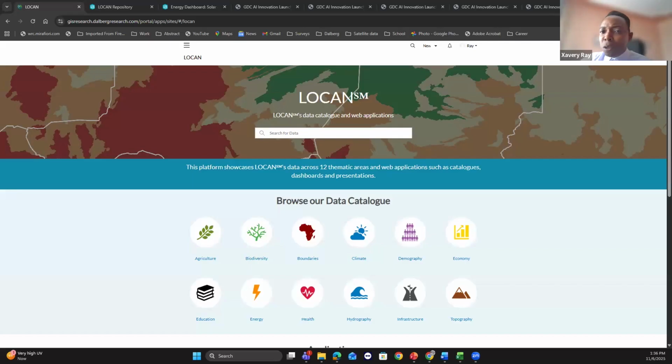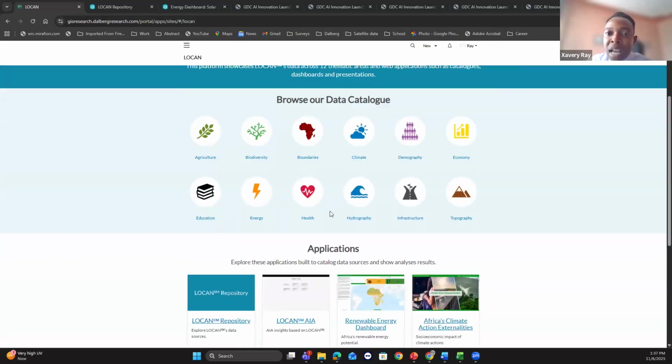So to produce market intelligence as in the presentation that has been shared by Dr. Jasper, we use location data from many different sources to understand where opportunities exist. At Locan, we have created a geodatabase with a wide range of datasets spanning different themes and various use cases.